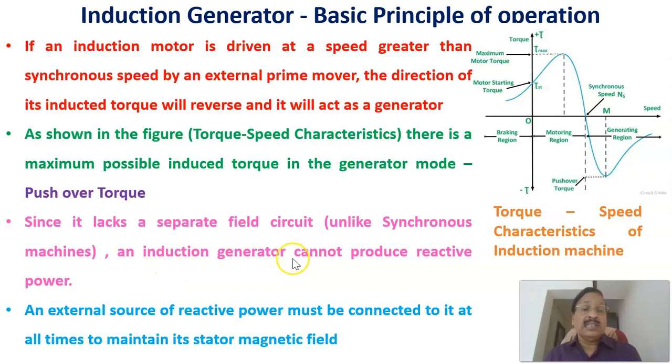Another point is that an external source of reactive power must be connected to it at all times to maintain the stator magnetic field. That is required in the case of the induction machine, corresponding to induction generator operation.